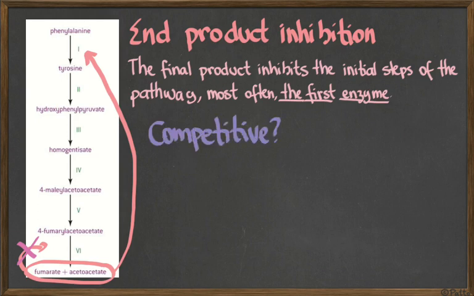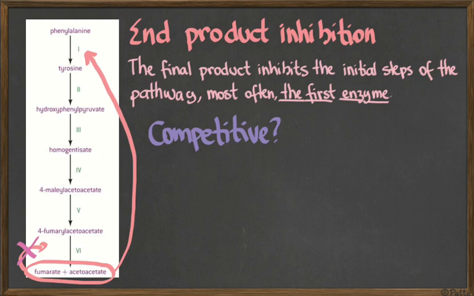But the problem is that this cannot be competitive, because fumarate and acetoacetate are now too different from phenylalanine or tyrosine, the two things that fit on enzyme number 1. Phenylalanine is the substrate, tyrosine is the product of enzyme number 1. The lock and key model, the induced fit model, all of them say that enzymes are specific.